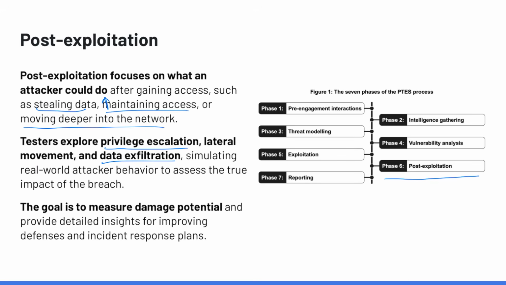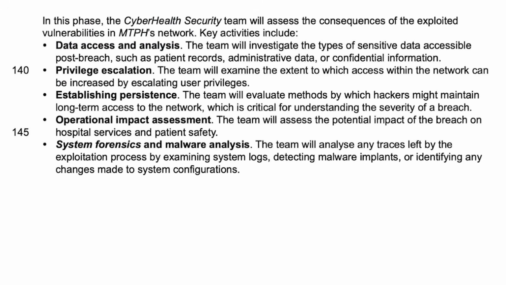And really what we're trying to do is measure the potential for damage once someone is able to actually breach a system. And now, going back to the case study, we're not just looking at whether we could get sensitive data out, but also the types of sensitive data that we could get out, whether it might just be patient records or it could be things like patient records and administrative data or other confidential information.